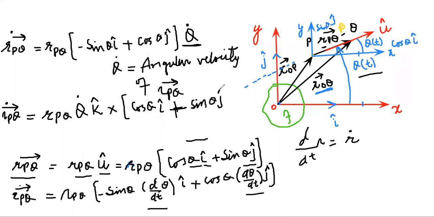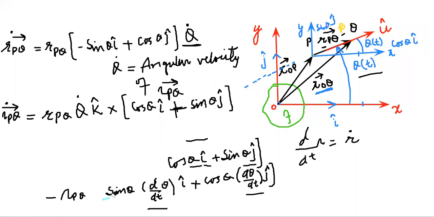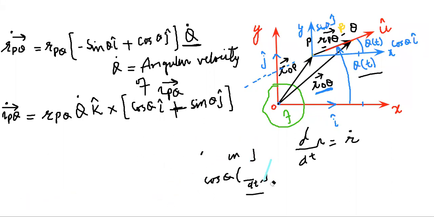Why are we doing it? Because it simplifies our equation. Let's see why we have written it in this form and how these two forms are equivalent. We write I cap, j cap, and k cap.